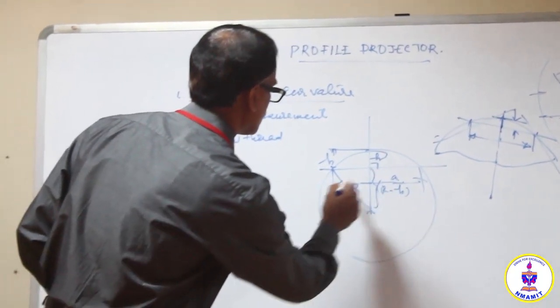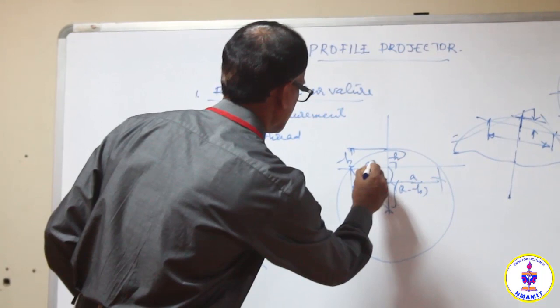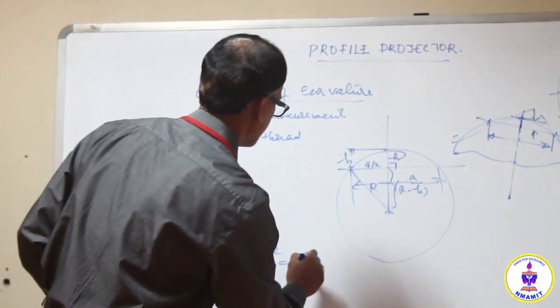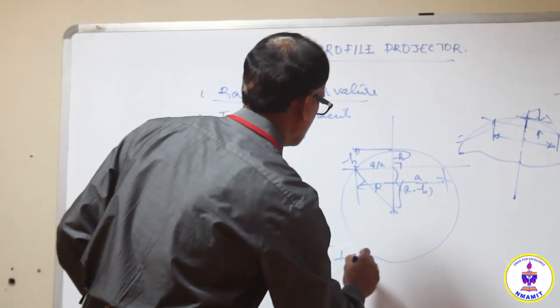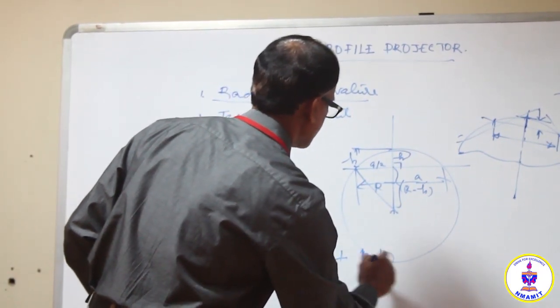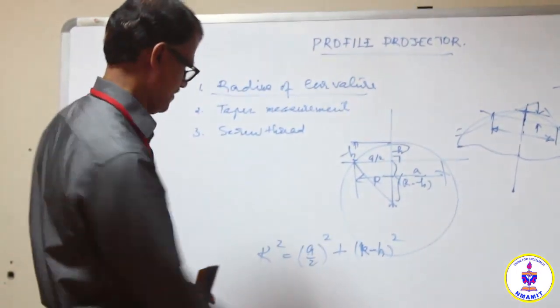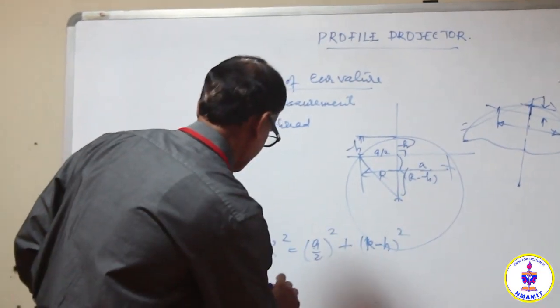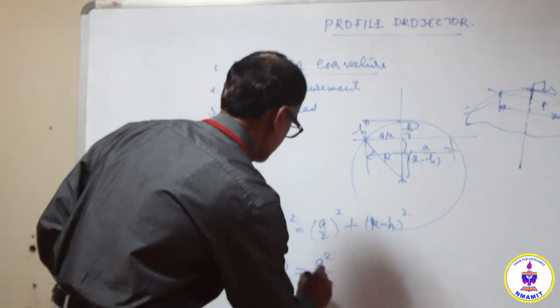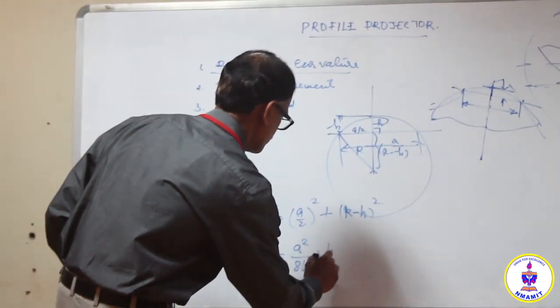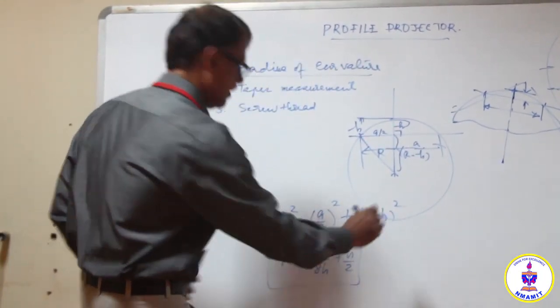This is a by 2 then. So r square is equal to a by 2 whole square plus r minus h the whole square. By expanding and rearranging, you can get r is equal to a square by 8h plus h by 2. So this is the formula in your manual.